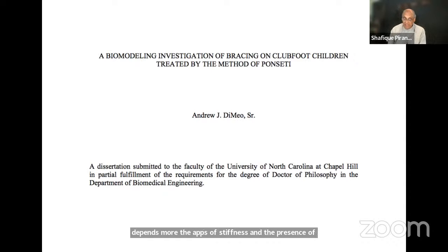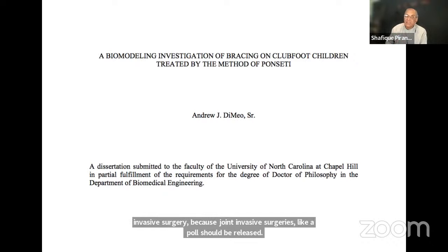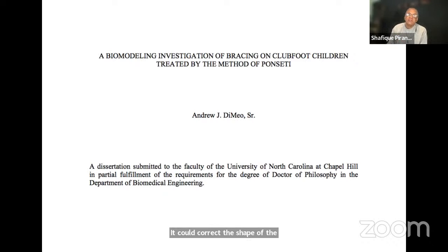This is what actually is the downside of doing joint invasive surgery, because joint invasive surgeries, like a posterior medial release, can correct the shape of the foot, but it leaves the foot stiff and it leaves it weak, and therefore it doesn't last for a long period of time.